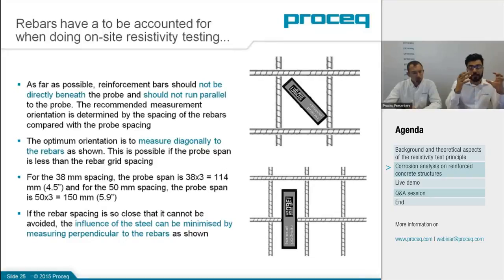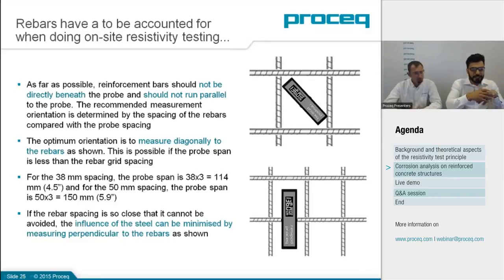Based on the location of our rebars and the intensity of them, we can start using either the 38 spacing probe or the 50 millimeter spacing probe. In addition, we have the geometric kit, which allows you to define your own spacing and then set the instrument to accommodate for the probe spacing in order to calculate your resistivity measurement correctly.